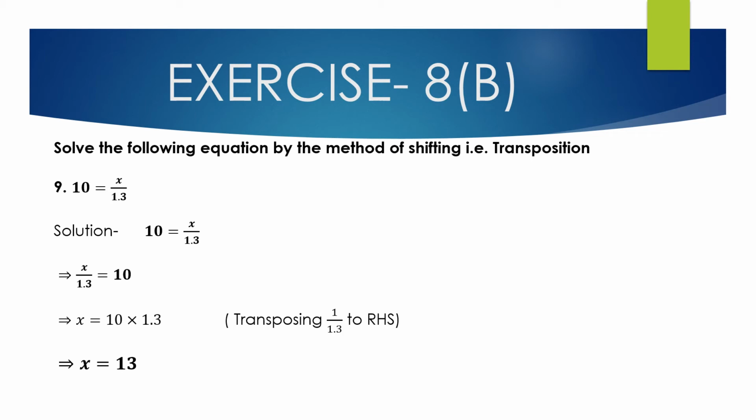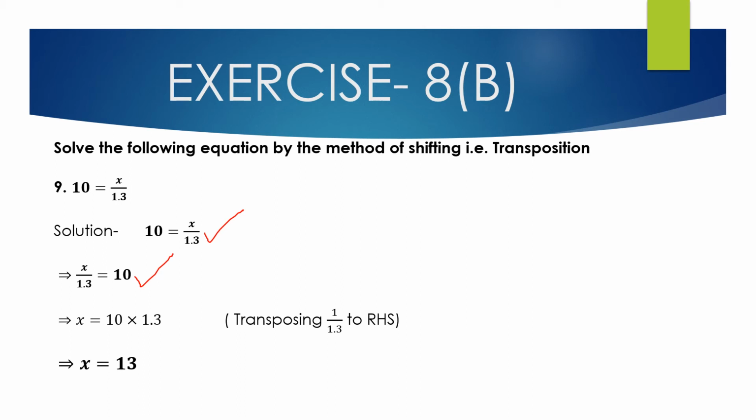Now we will solve question number 9. Question number 9 is 10 equal to x divided by 1.3. This is the equation given and we have to solve the value for the variable x. So 10 equal to x divided by 1.3, then x divided by 1.3 will be on the left hand side and 10 will be on the right hand side. Now we get x divided by 1.3 equal to 10.